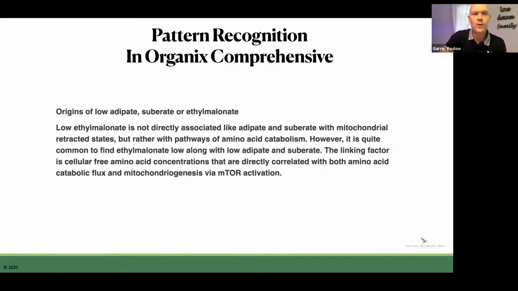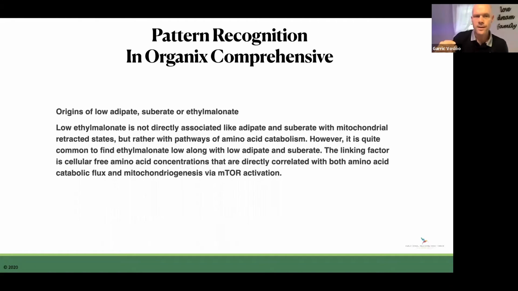So low ethylmalonate, one of the markers in the fatty acid metabolism, is not directly associated with the other two, adipate and suberate, with mitochondrial restricted states. This may be a little bit technical, but just bear with me. Rather, it's within pathways of amino acid catabolism.